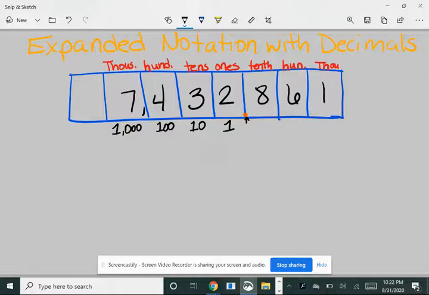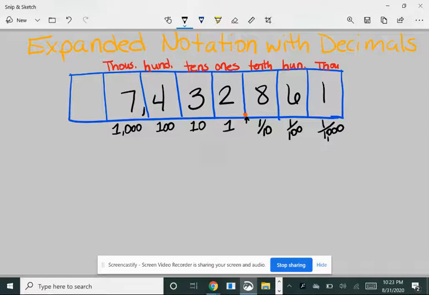Now, the digits that are on the right of the decimal, the tenth means tenth, and hundredth means hundredth, and then the thousandths is represented 1,000ths. Okay, so this is how we represent the decimals. So now back to our expanded notation.